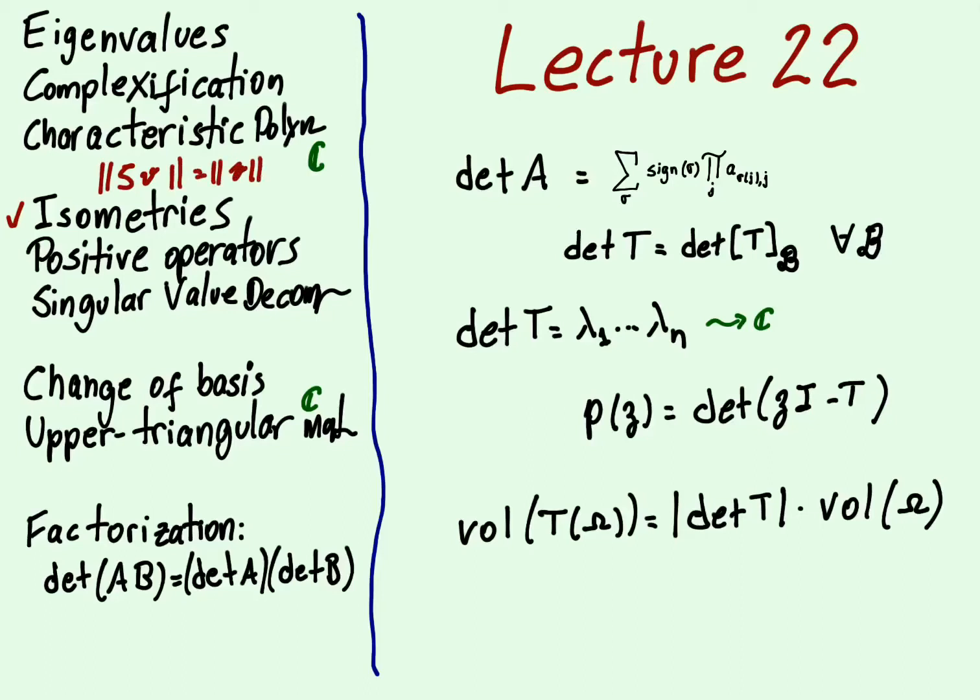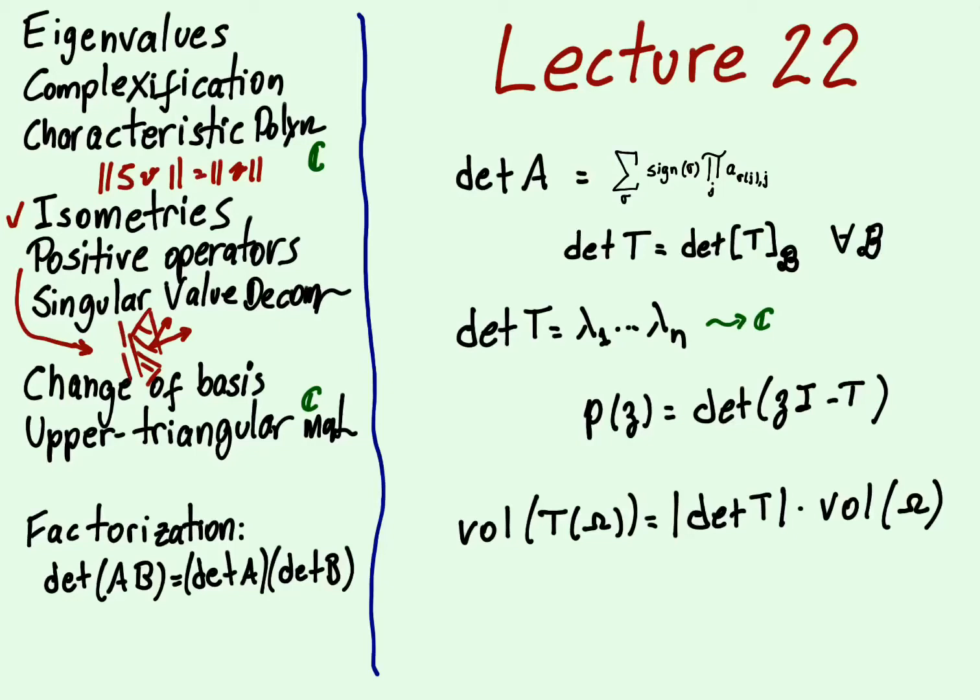A positive operator, again, let's recall, is an operator with the property that for every vector, it will map this vector to another vector, maybe possibly the same, maybe even zero, which is on the same side of that vector with respect to the orthogonal complement of that vector.